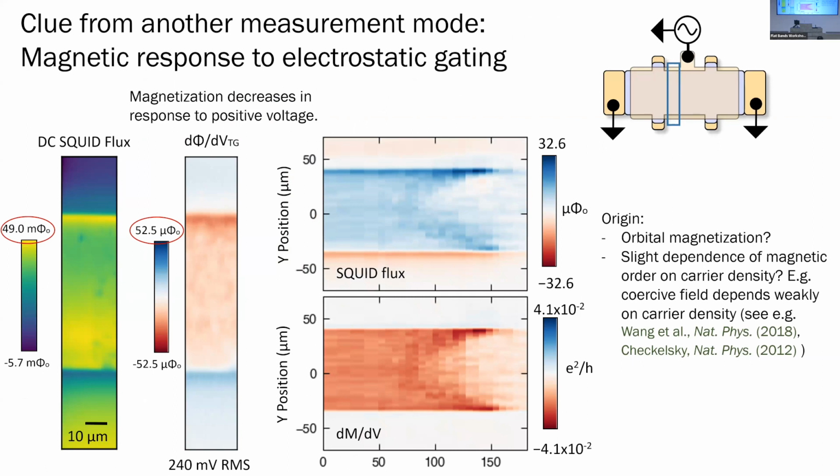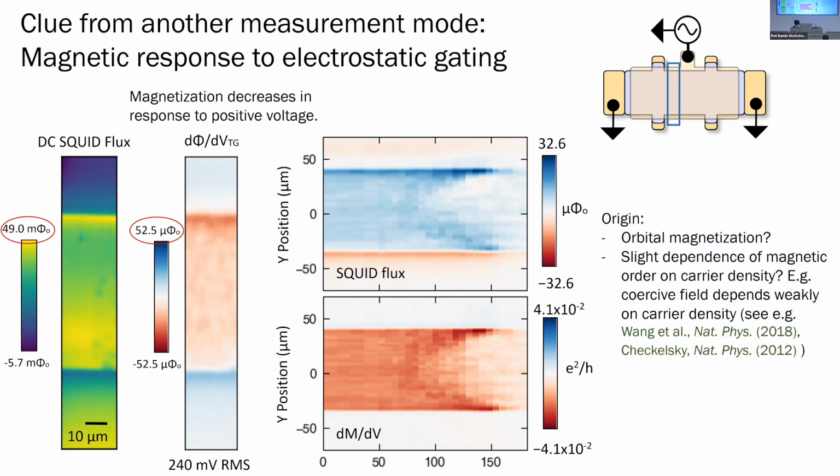maybe as a way to advertise, we have one other measurement mode that is interesting to look at. We can modulate the top gate that's on the sample slightly, and look at the magnetization response to that top gate modulation. That is interesting in itself, but we also found that when we tune deep into one side of the exchange gap, we get a stronger response, but once we tune through the quantum anomalous Hall regime, we get a much weaker response.